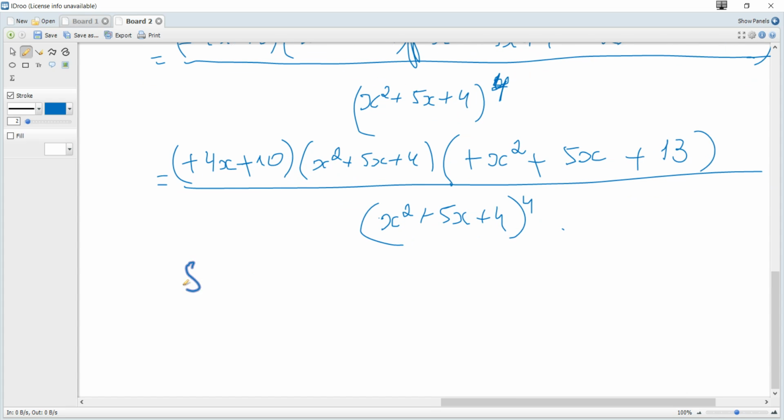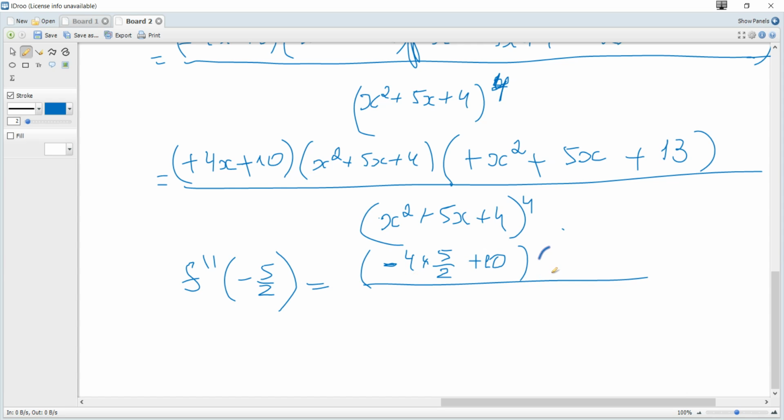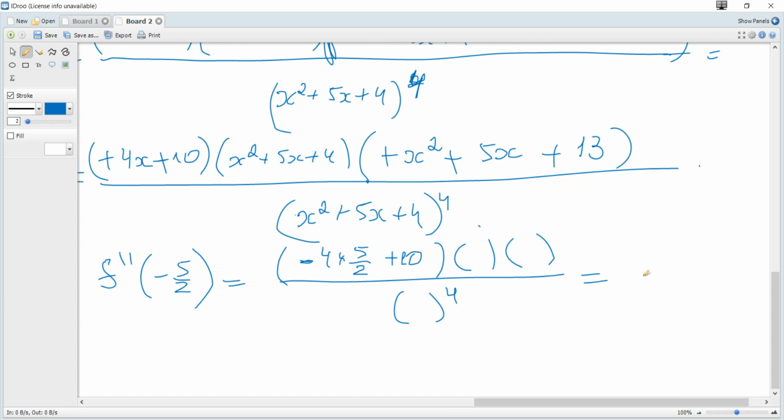Yes, and let's consider the second derivative at negative 5 over 2, and you can see that it becomes 4 times 5 over 2 with minus plus 10 times something, so it's 0. So definitely it's 0.